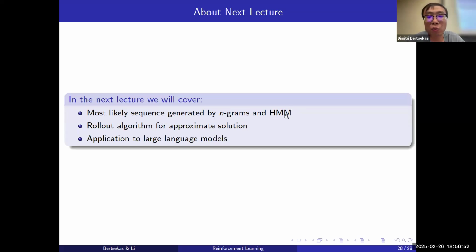And for the inference problem in hidden Markov models, we're going to show that the rollout algorithm can produce approximate solutions that work better than the greedy heuristic or random solution, which is used primarily in the inference algorithms for large language models, and demonstrate its application in large language models, but mostly transformers. Okay, thank you for your time.